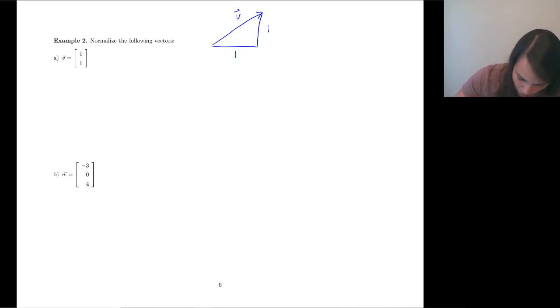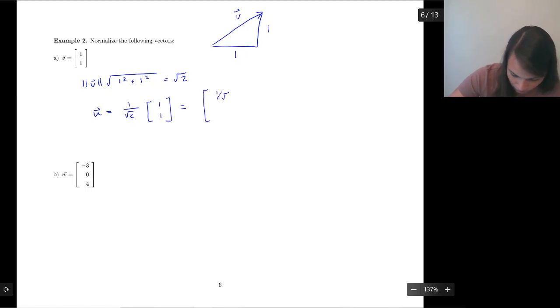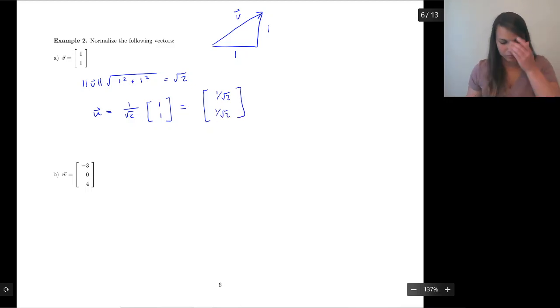So if we normalize it, we're going to need the length, which is going to be the square root of 1 squared plus 1 squared, which is just the square root of 2. So then the unit vector version is going to be 1 over root 2 times (1, 1), which is equal to (1 over root 2, 1 over root 2). Okay. Hint, that should look like unit circle stuff.